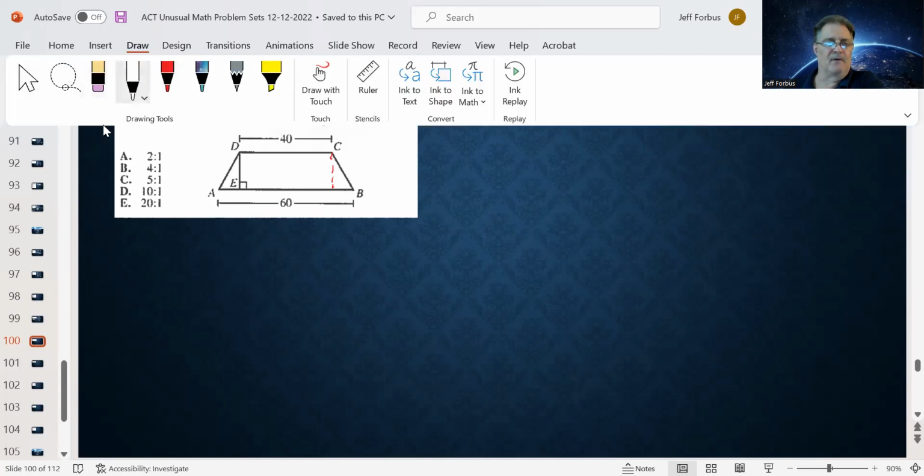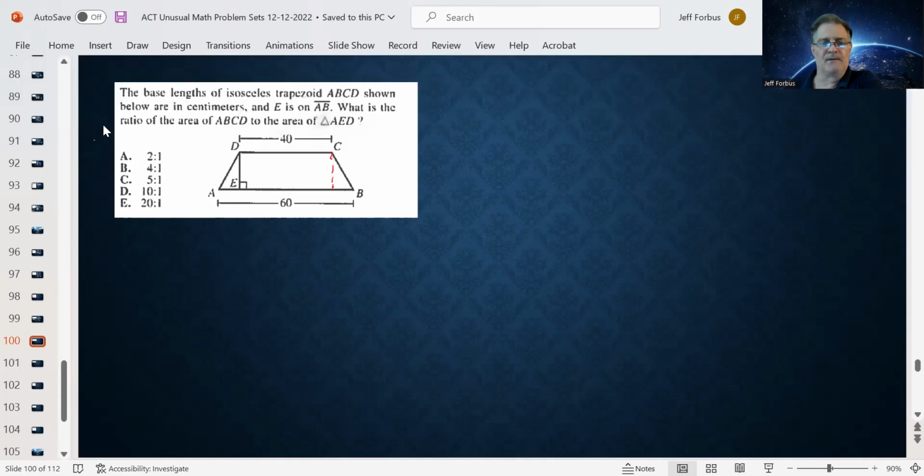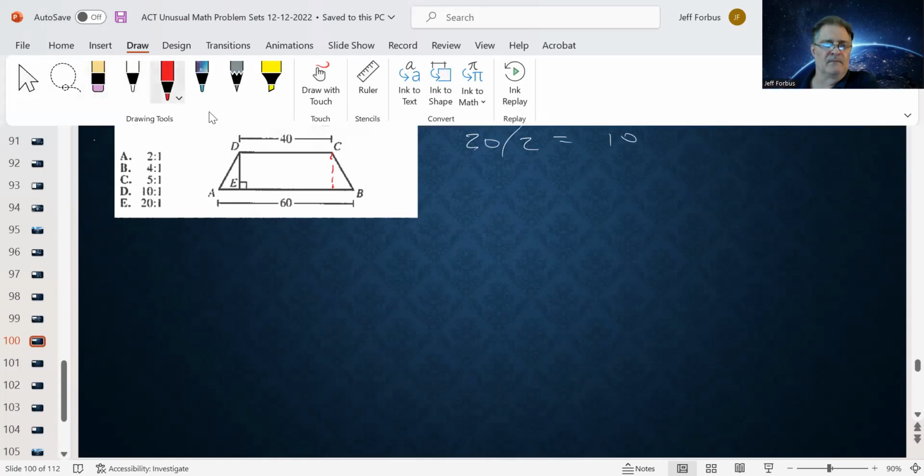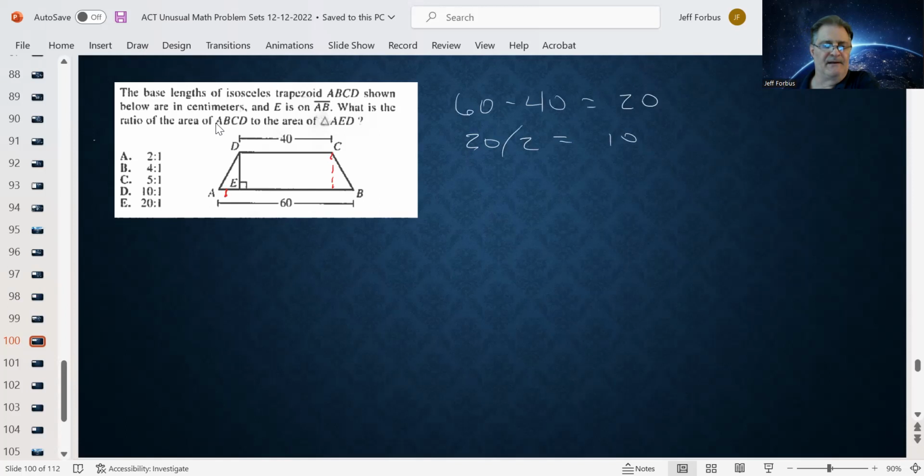If we take our 60 and remove the 40, we have 20 left over. That 20 is split between two right triangles. So you can divide that 20 by 2. And we know the bases of our triangles are both 10. So we know that triangle base is 10 here, and then 10 here. Okay. Now we can finish the problem.